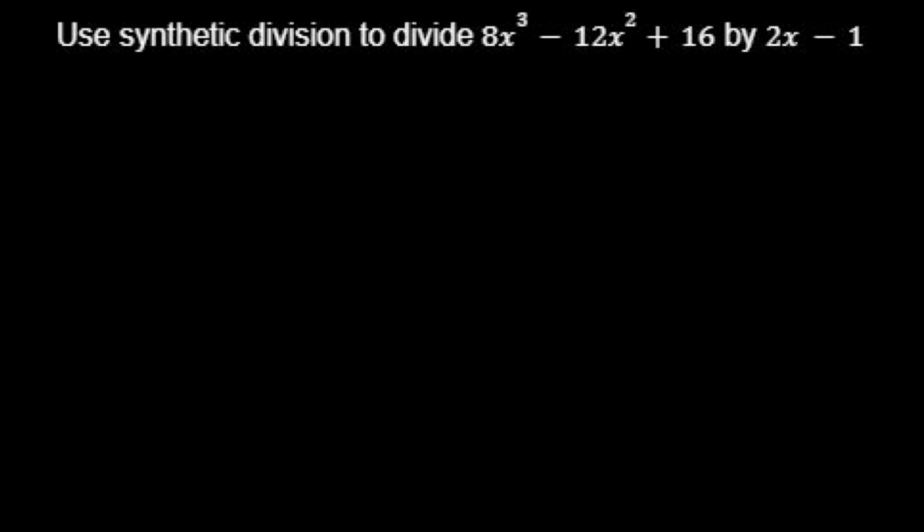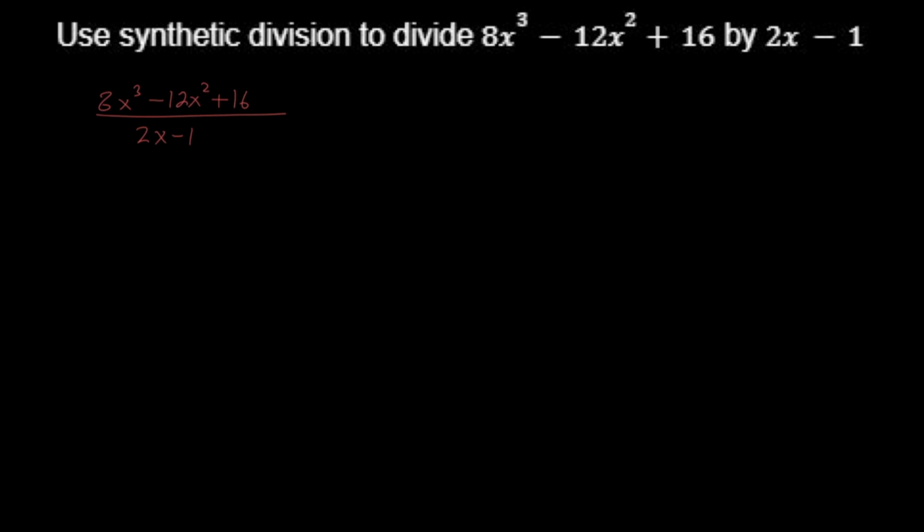Now, let's first look at this as a fraction. 8x to the third minus 12x squared plus 16, and on the bottom we have 2x minus 1. So I'm going to rewrite this so that the bottom is in the form of x minus a number.